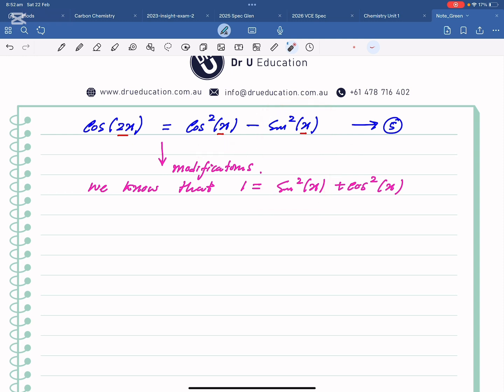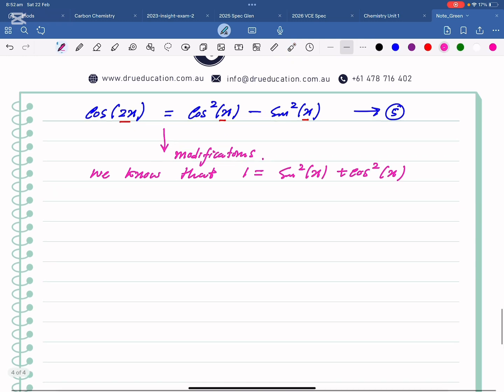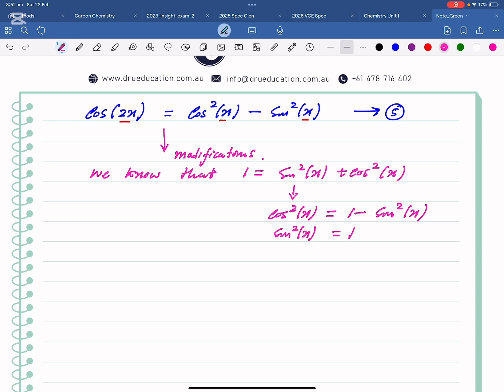So let me do that first and then we'll discuss. I'm going to isolate cos squared x, which is going to be 1 minus sin squared x. Then I'm going to again isolate sin squared x. That's going to be 1 minus cos squared x. Cool.